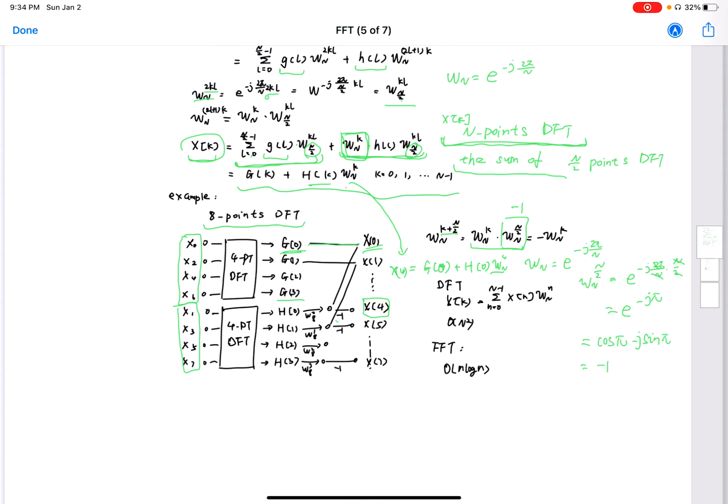So we just use omega 8 to the power of 0 times -1 to calculate the X4 here.